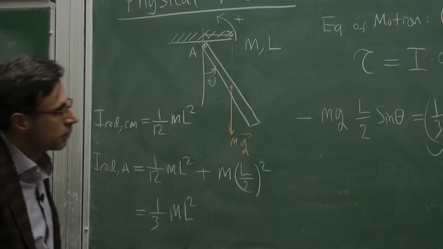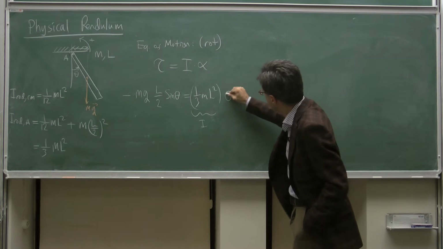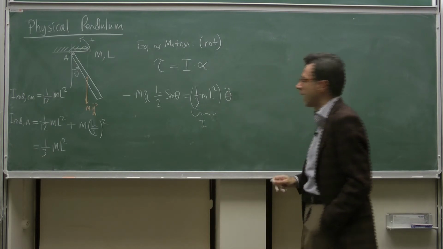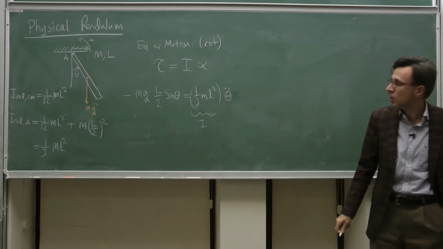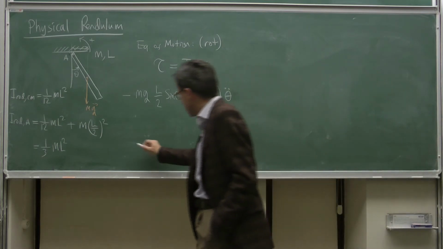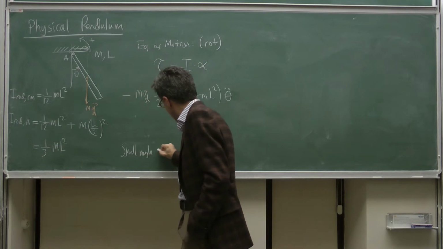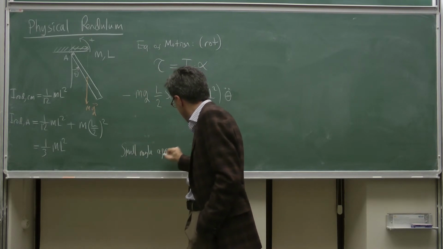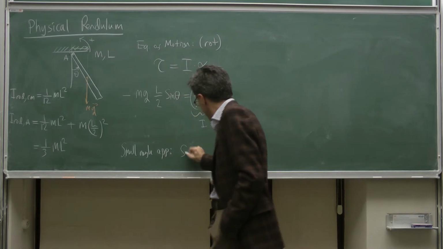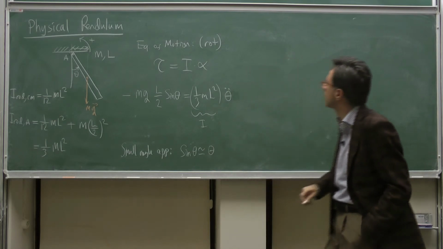And alpha is the second time derivative of the angle. Small angle approximation means sine theta is approximately equal to theta.